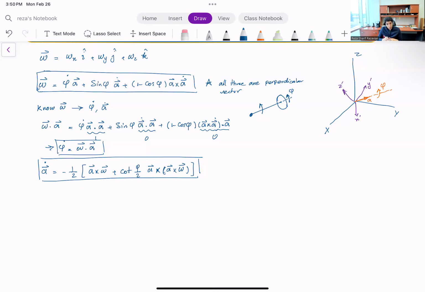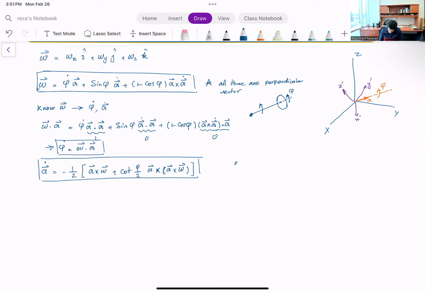It is useful, but this particular form of A dot is not as useful as we hope. So I know omega, I can write it as a function of its components along the little ijk. And I can write my A also as some components along little xyz.